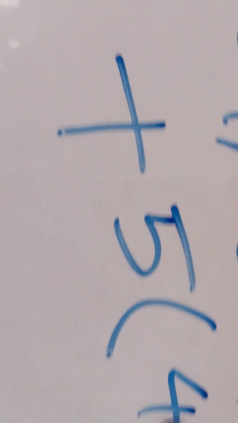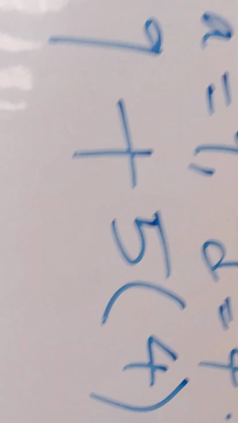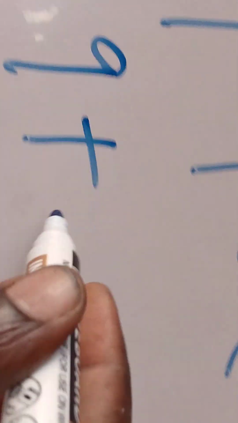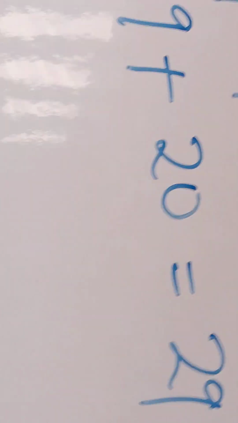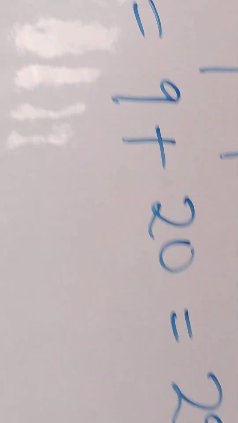But we know the value of A as 9 and D as 4. So this changes to 9 plus 5 times 4, and 5 times 4 is 20. So 9 plus 20 is 29. So my sixth term, T6, is 29.